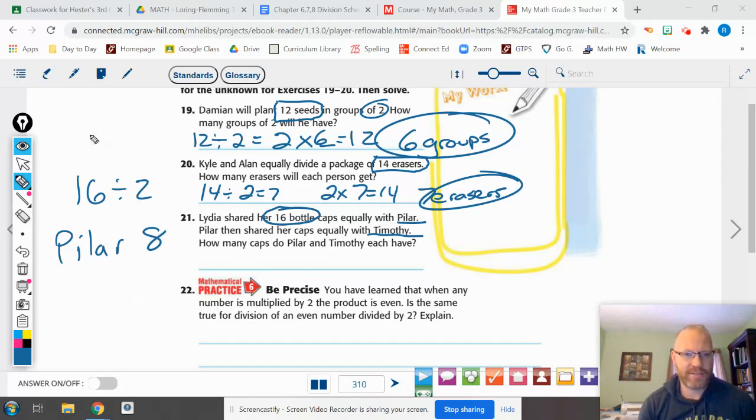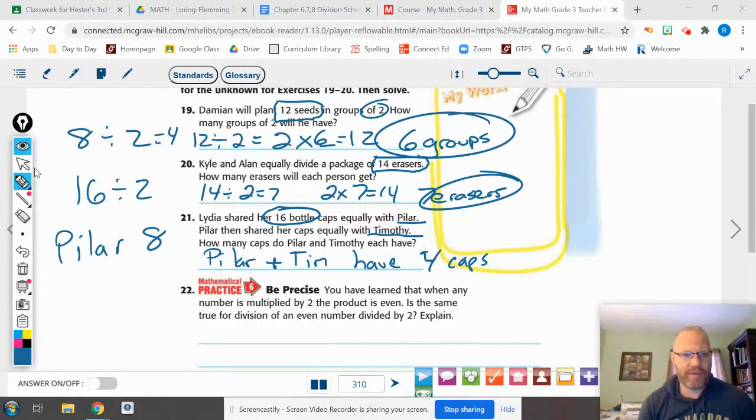Then Pilar split 8 between her and Timothy. So 8 divided by 2. So 8 divided by 2 equals 4. 2 times 4 equals 8. So Pilar and Tim have 4 caps.